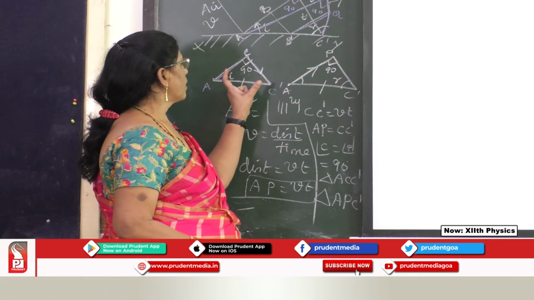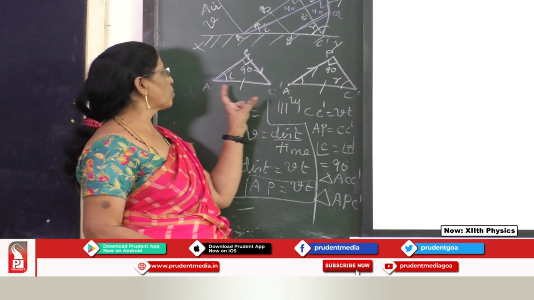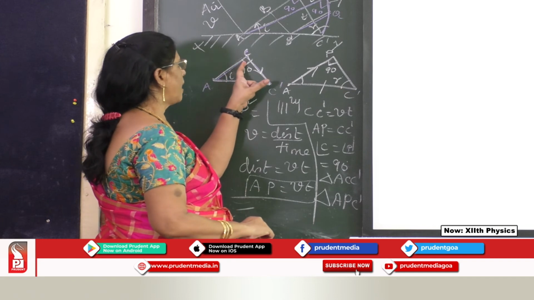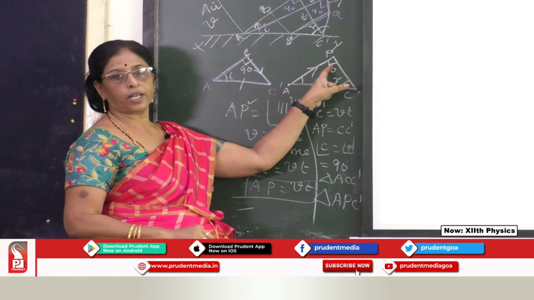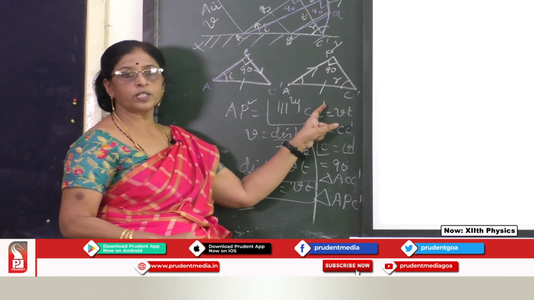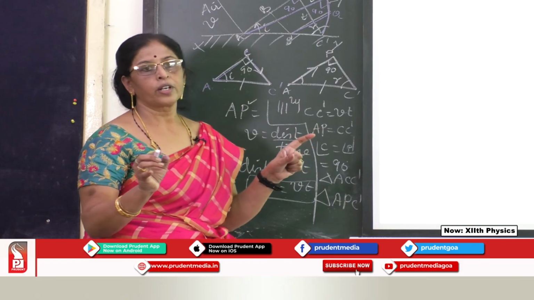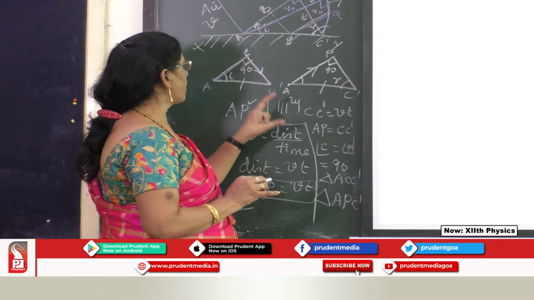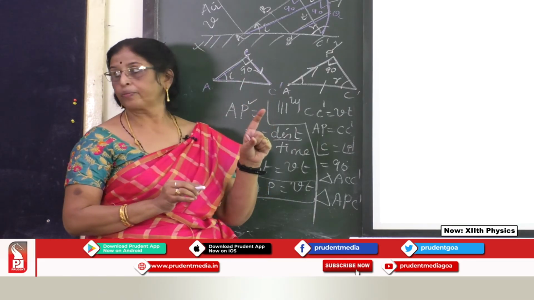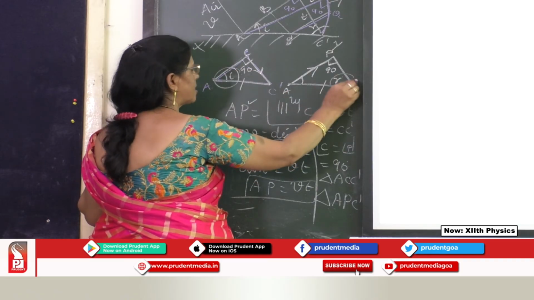So, these two triangles are congruent. Because this angle is 90 degrees, CC dash equals AP, and AC dash is the common side for both the triangles. So, both the triangles are congruent. Therefore, by congruency, this angle equals this angle.